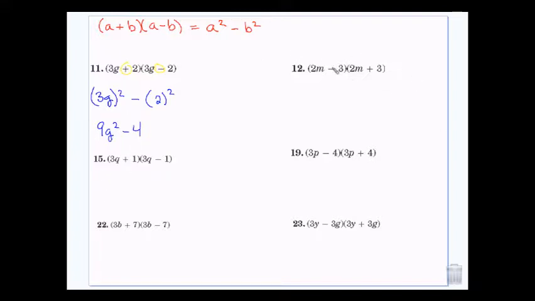I have a plus and a minus, 2m, 2m, 3, 3, so that counts. So I'm going to do 2m, and I'm going to square it, minus 3, and I'm going to square it. So I get 4m squared minus 9.